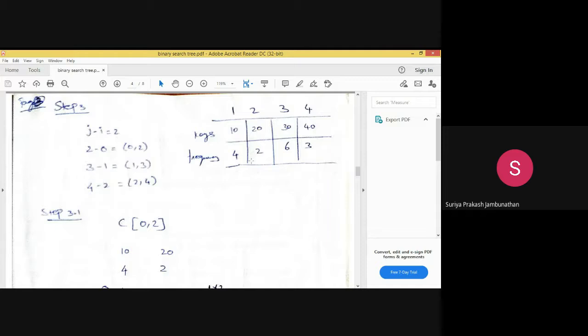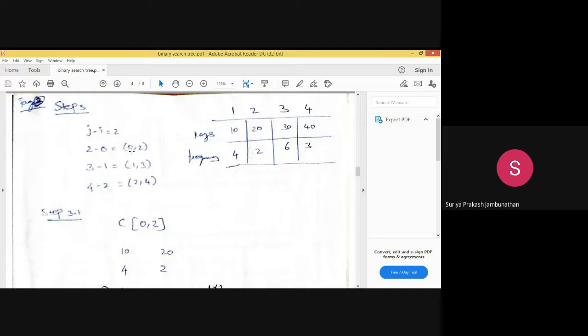So 0 to 2 means the first and second positions we can consider: 10 with frequency 4, and 20 with frequency 2. So in step 3 we identified 3 positions.